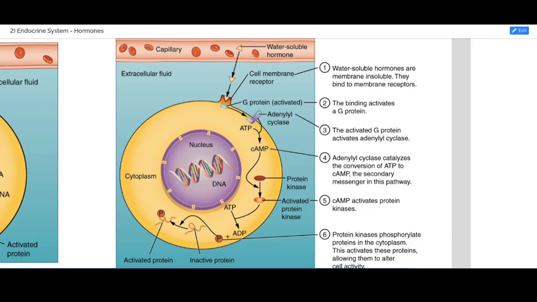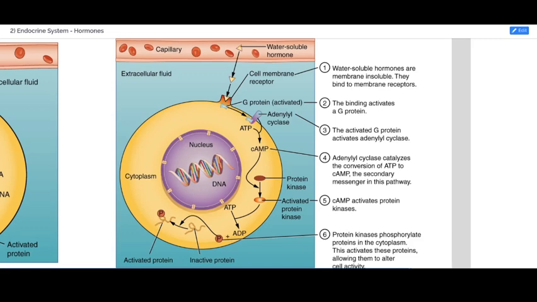In this example, again, it's a specific example, it's activating a particular type of enzyme called a kinase, and then the kinase goes and adds phosphate groups to other proteins, activating them. The specific effector protein here is called adenylyl cyclase.